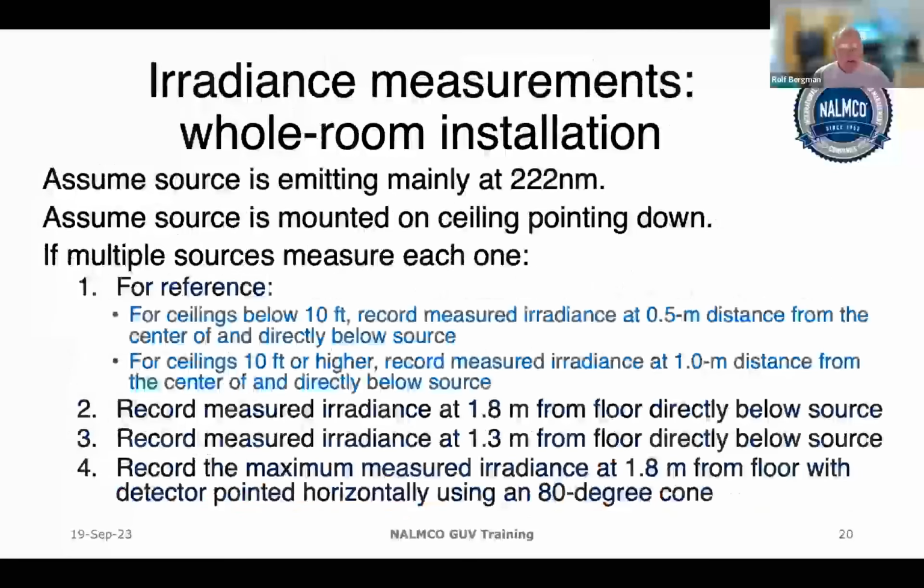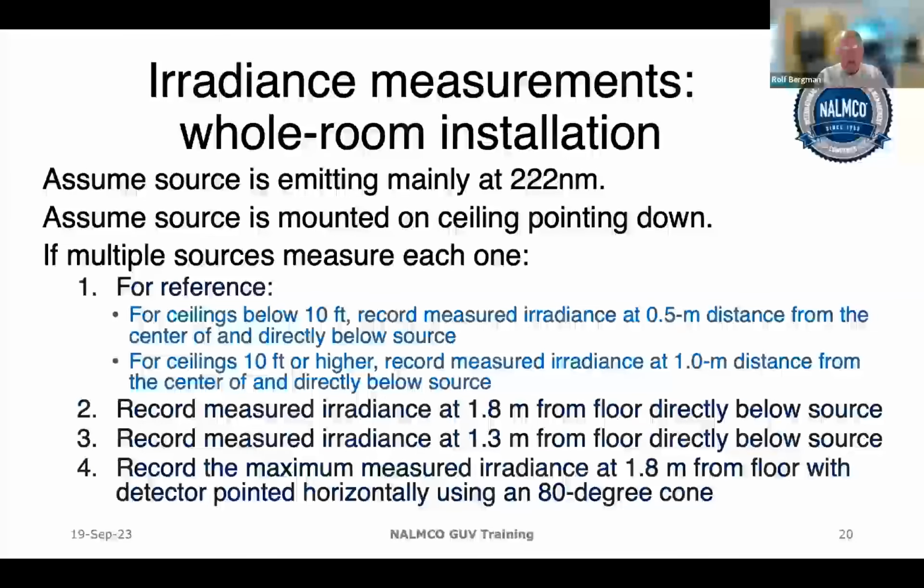Okay, one final thing we want to talk about. Devices have come on the market in the last few years that can be mounted in the ceiling for whole room installation. We talked about the sources in chapter 2, called excimer sources, and particularly krypton chloride radiates at a peak at 222 nanometers.